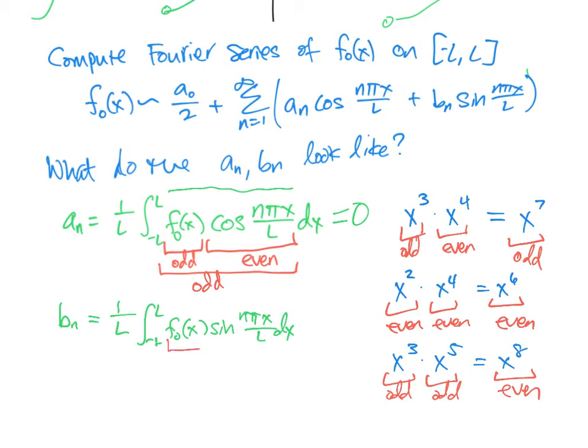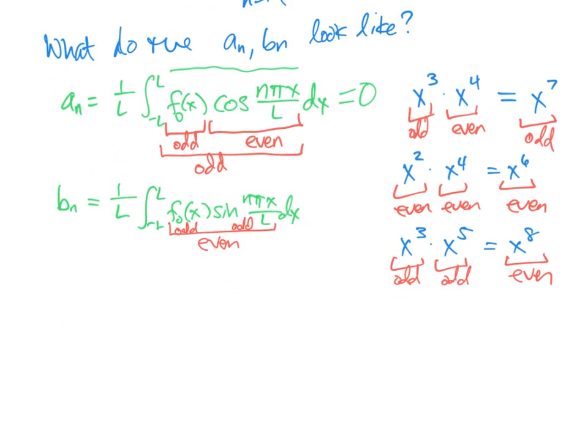And this integrand is odd times odd, and so the whole product is even. And so because it's symmetric about the y-axis, that means that this integral from negative L to L is equal to 2 over L of the integral from 0 to L.